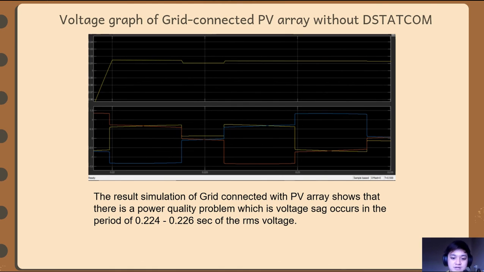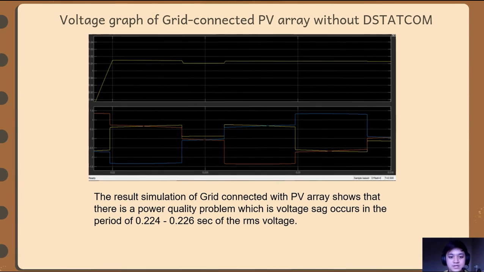In general, the closer to the point of failure, the greater the voltage sag, and the more serious the hazard would be generated for sensitive electric devices. Then, to mitigate the voltage sag is by connecting the DSTATCOM to the system to improve the power quality.